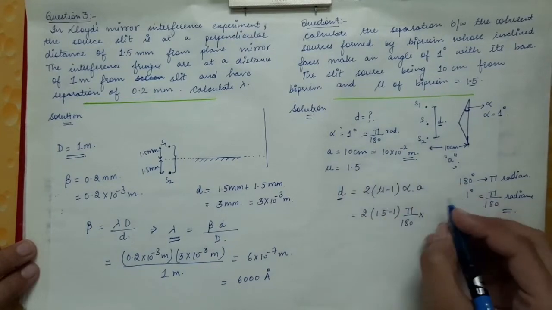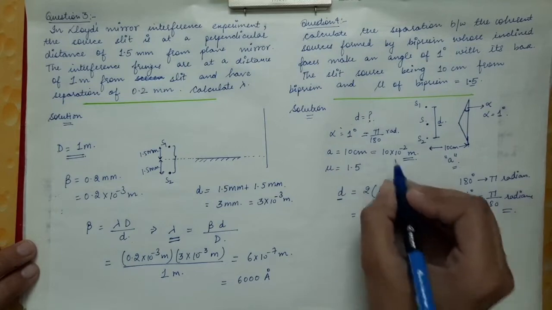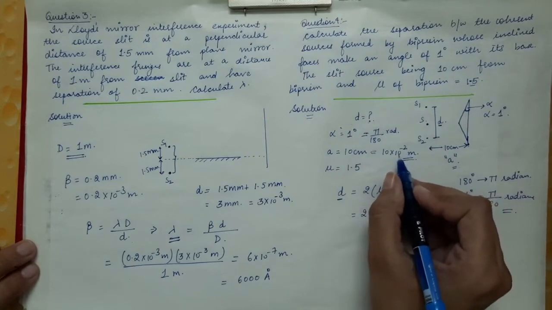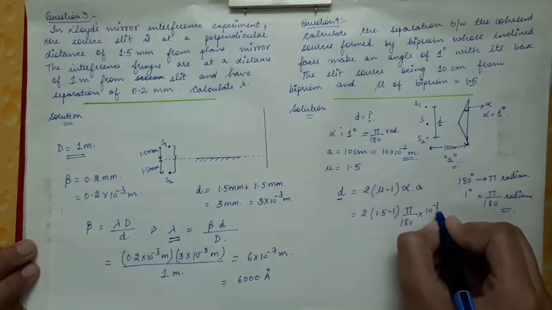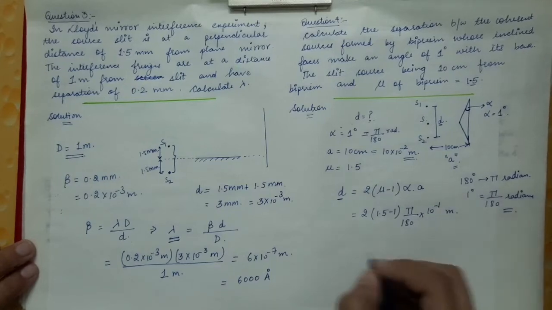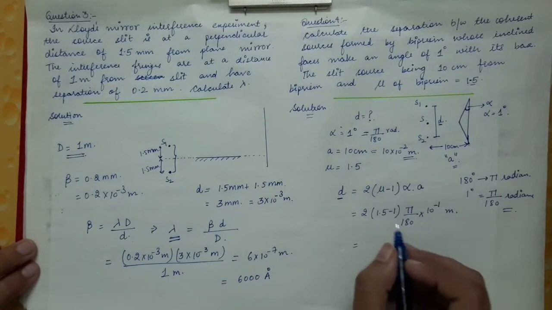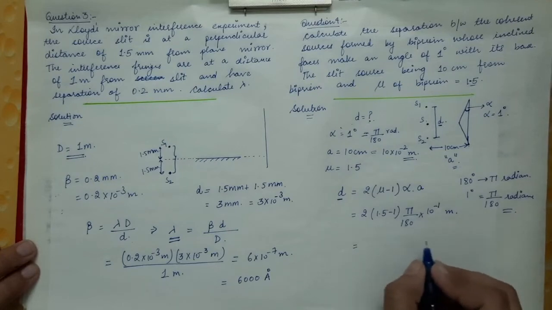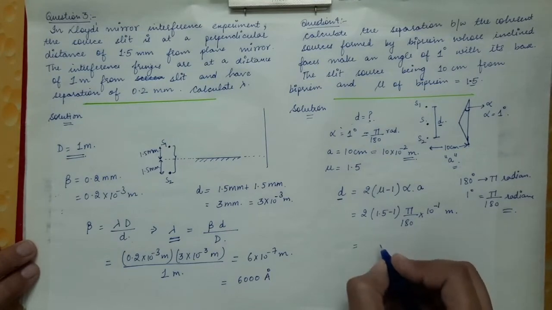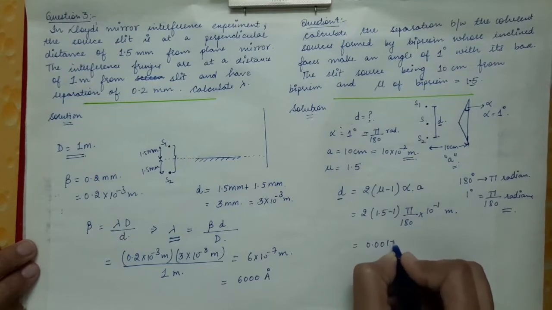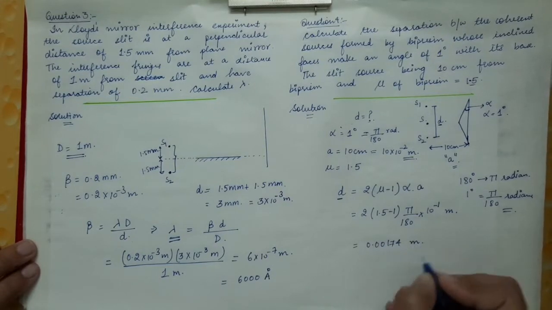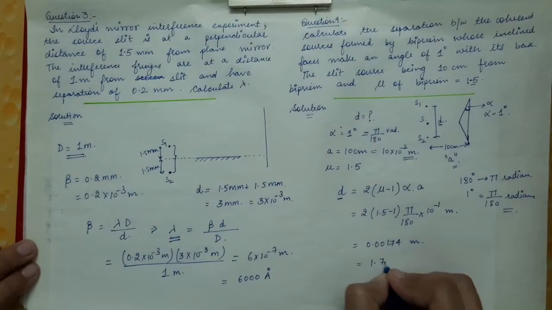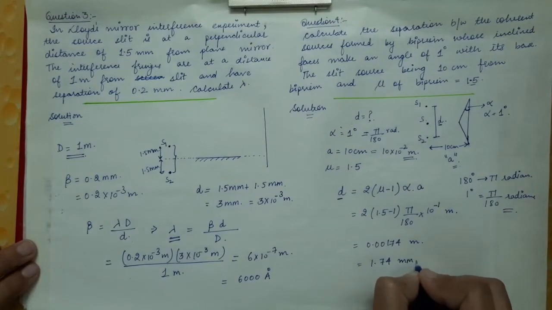Now what is small a? It is 10 into 10 power minus 2, which will be equal to 10 power minus 1 meters. So d will come out in terms of meters. So from here, when you evaluate these values, it will come out to be 0.00174 meters, which is nothing but 1.74 millimeters.